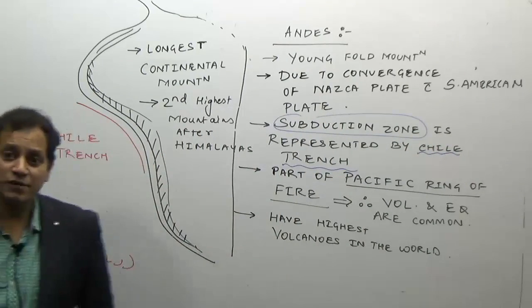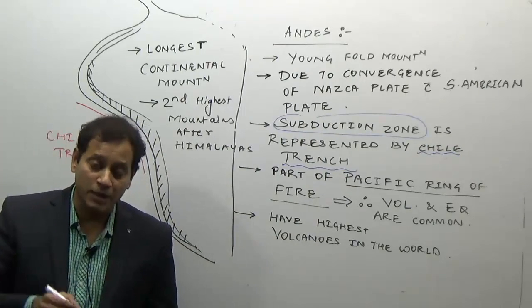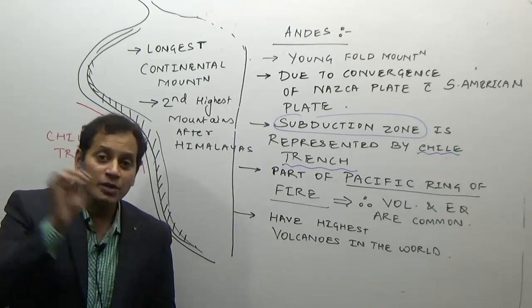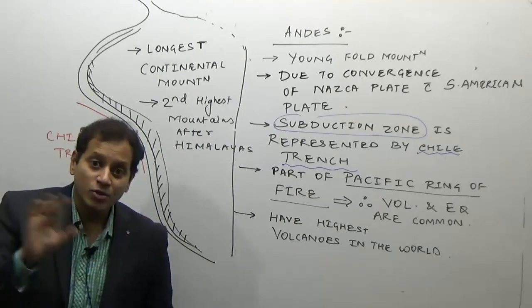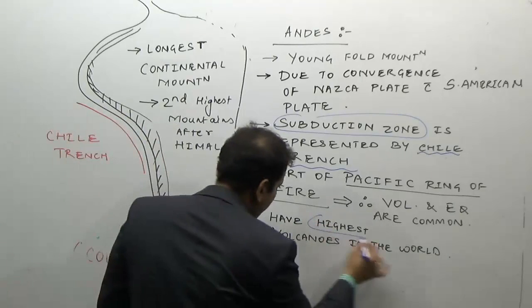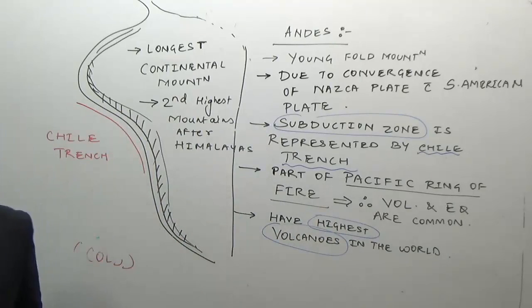They are part of the Pacific Ring of Fire, and therefore volcanoes and earthquakes are common. And because the highest mountain in the world, that is the Himalayas, does not have volcanoes, the highest volcanoes in the world are found in the Andes mountain system.